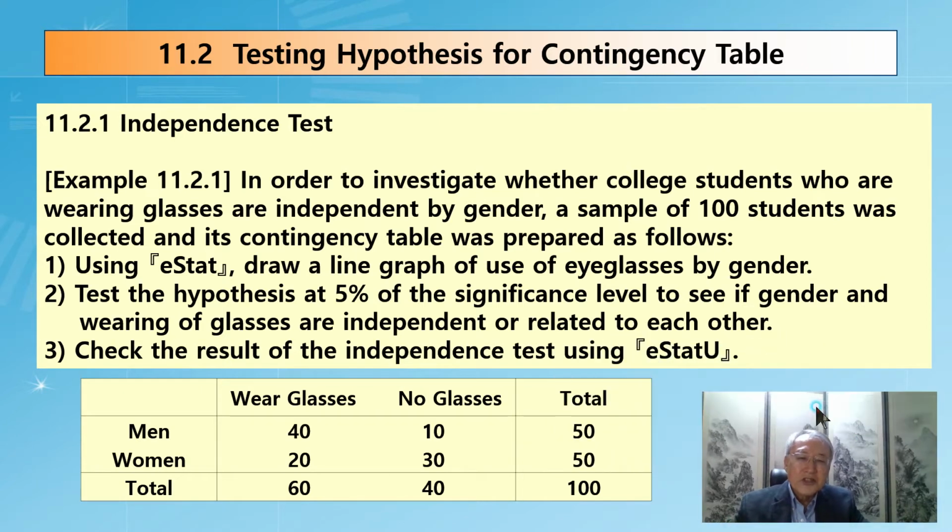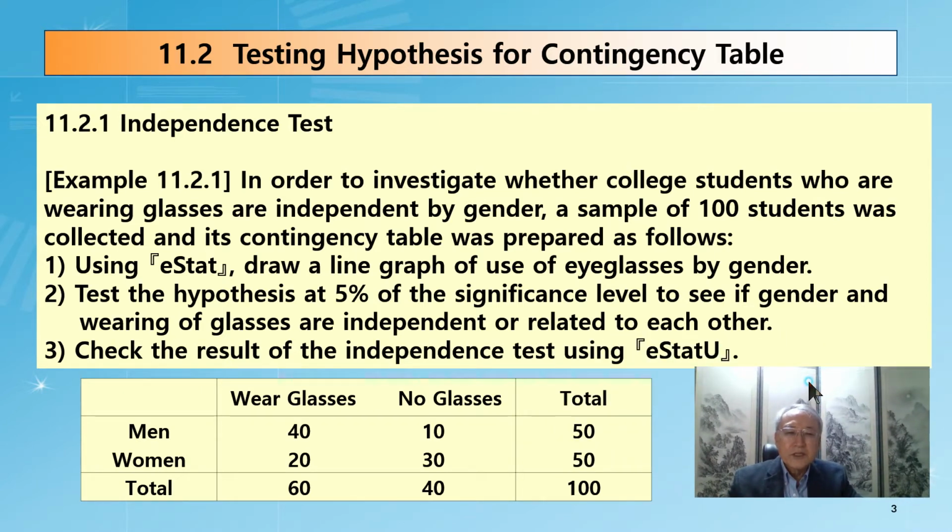Let's consider this example. Suppose you collect 100 samples. Be careful: you collect 100 samples, but check two characteristics, whether they are men or women, and whether they are wearing glasses or not.